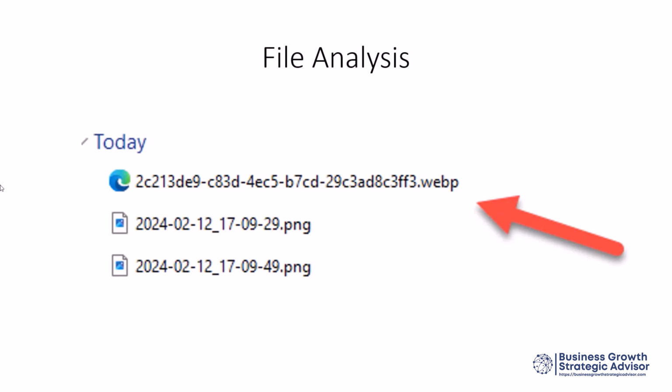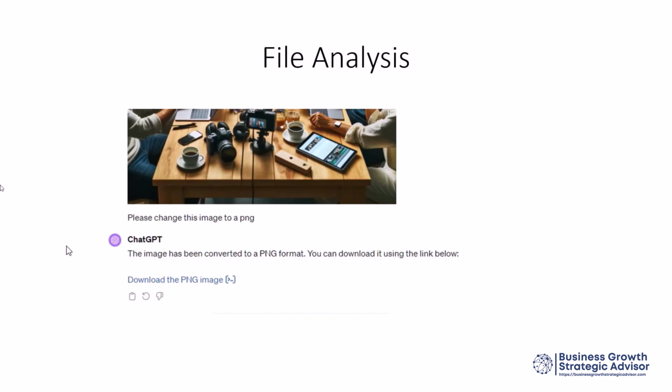So basically, what you would do is you'd re-upload that file to ChatGPT, and you say, well, hey, can you turn this file into a PNG, right? That's pretty much what I did. I took the WebP file, uploaded it, and then asked it to turn it into a PNG, and it does that.